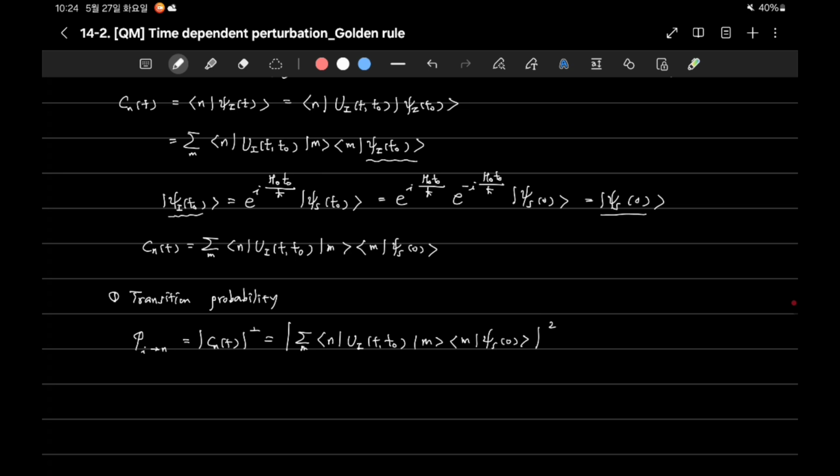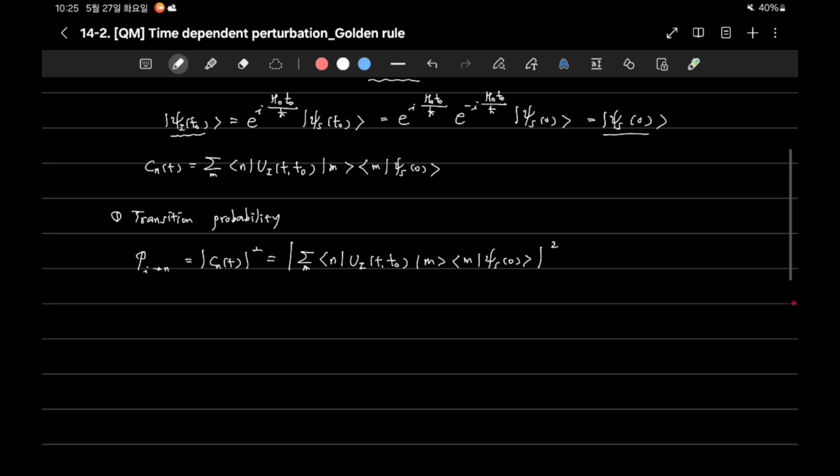The calculation of this transition probability is what we should do like this.